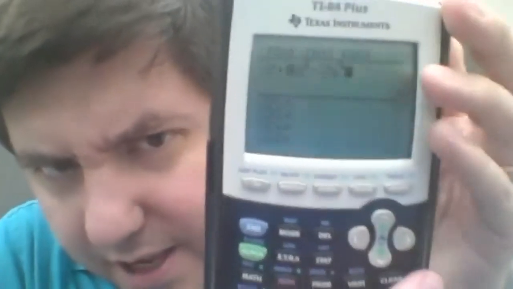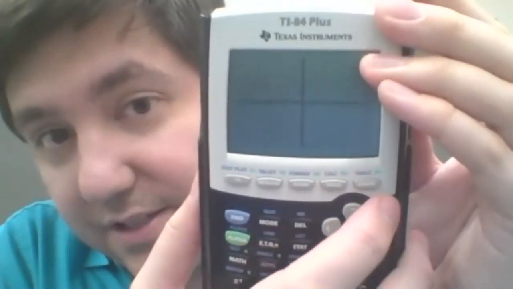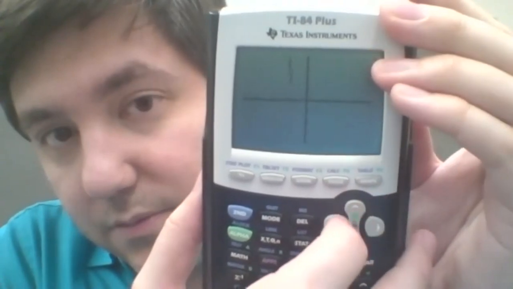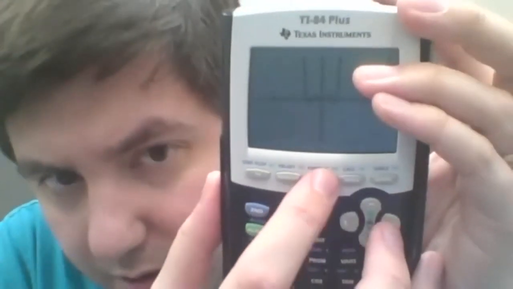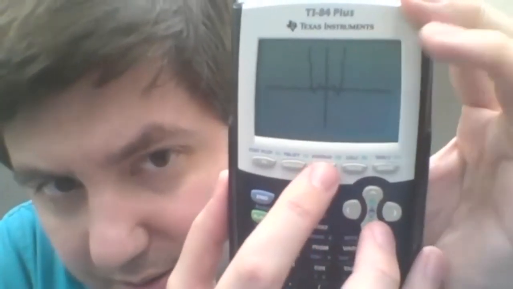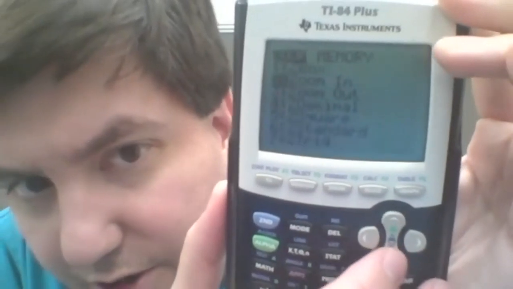And then finally, what was it? It was +2x squared. So if we graph this, and I want to change my, let's go to zoom and pick zoom standard.